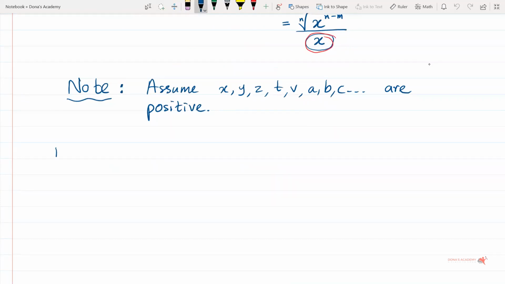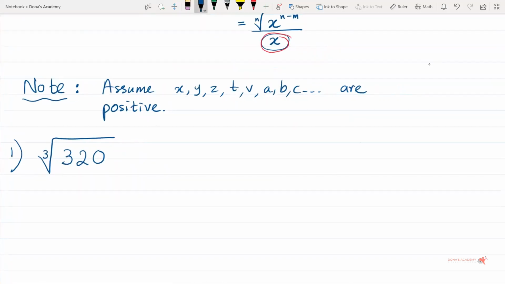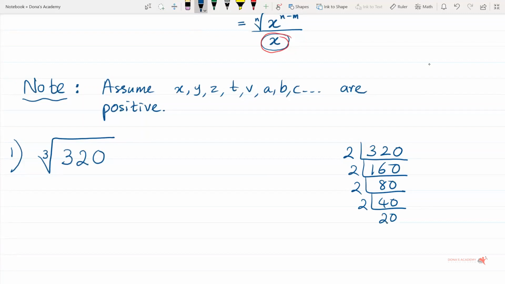I'm taking the same number example: third root of 320. I said that when it comes to numbers, you have to think about the prime factors. So let's find the prime factors first. 320, let's divide this by 2 first: 160, 80, 40, 20, 10, 5.